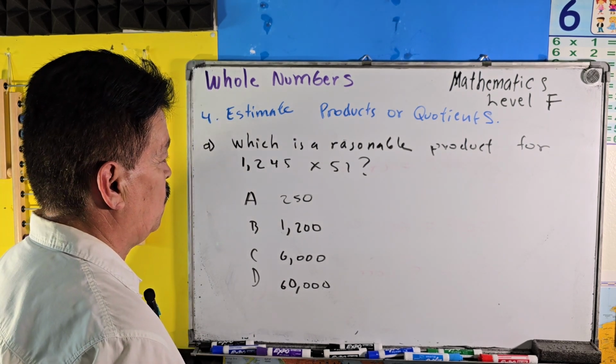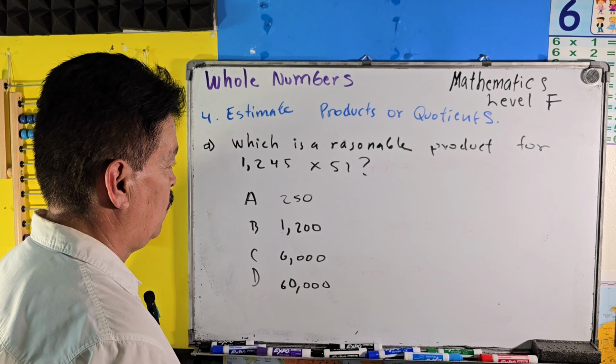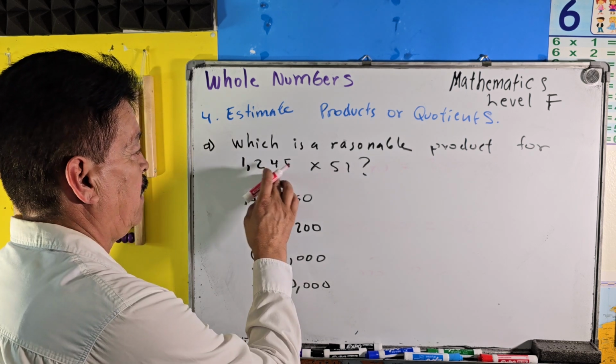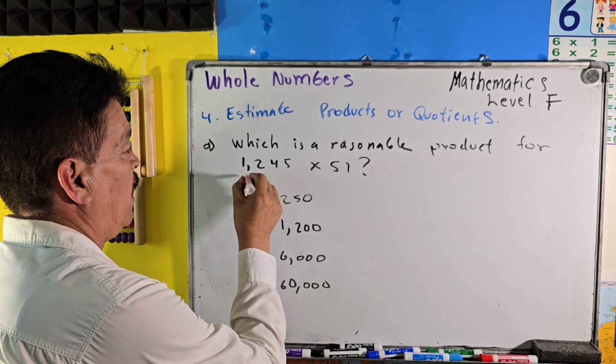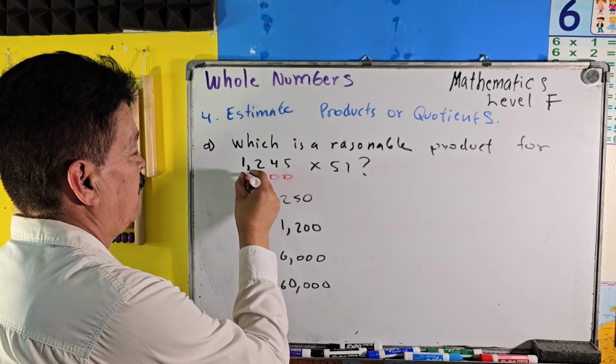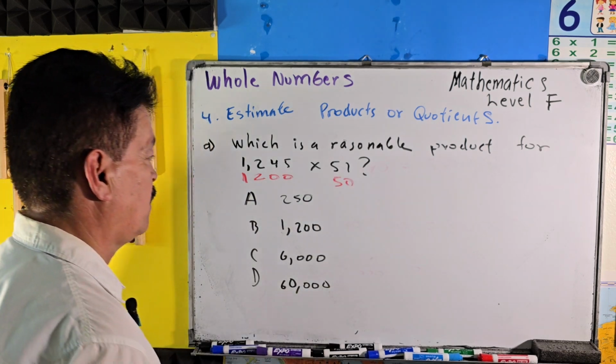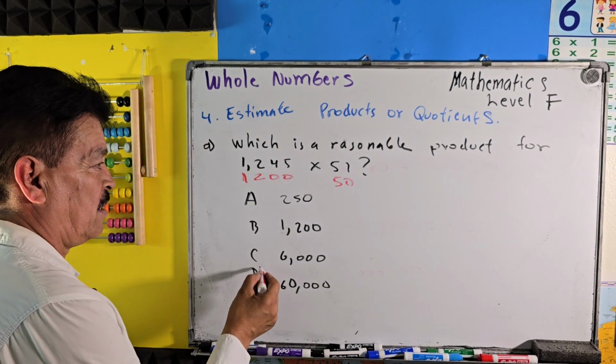We have to multiply, for instance, 1,200 here and 50 here. So which is the right answer?